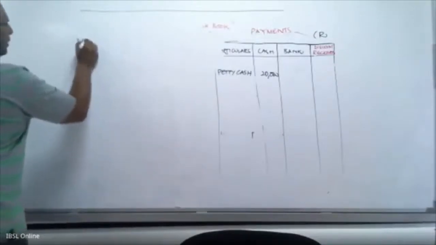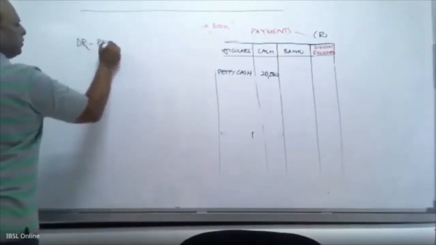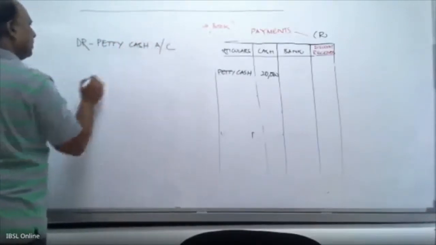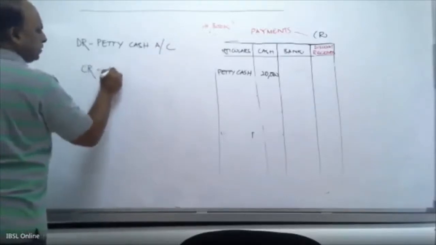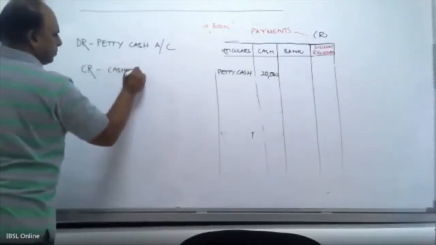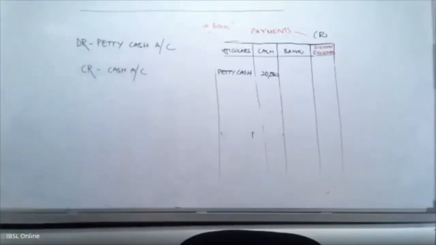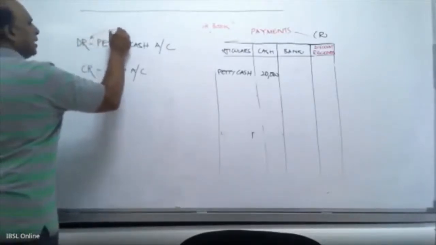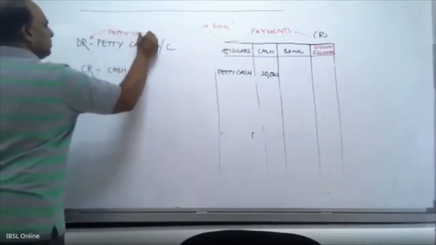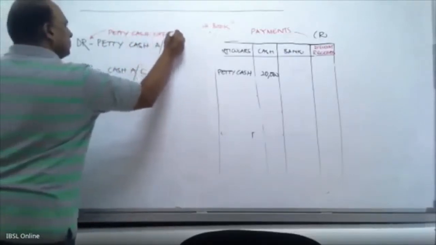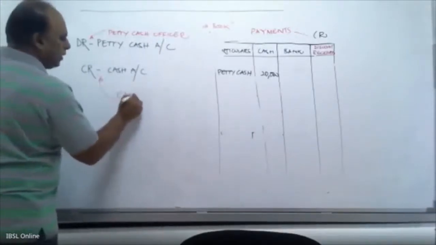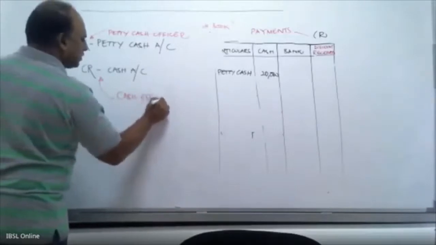You have debited an account called the petty cash account, and you are crediting your main cash account. This is now going to be handled by your petty cash officer, and this is going to be handled by your main cash officer.